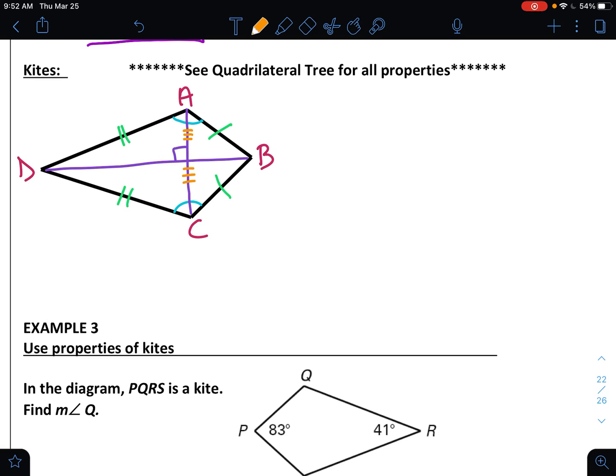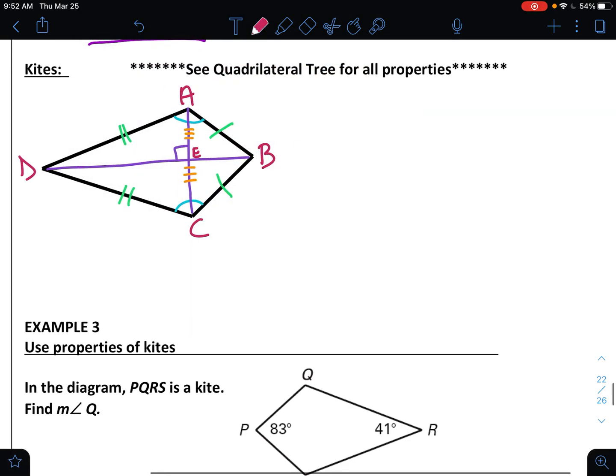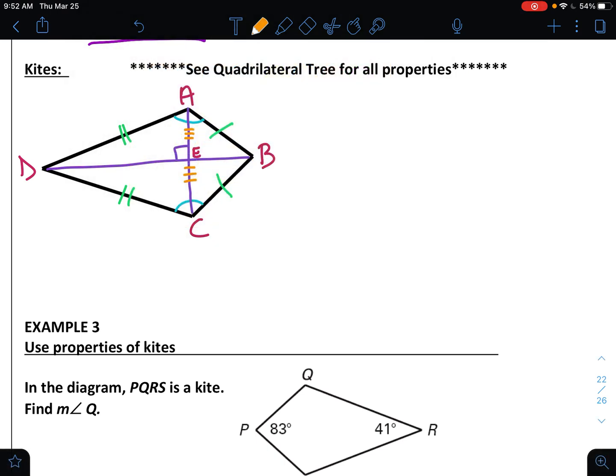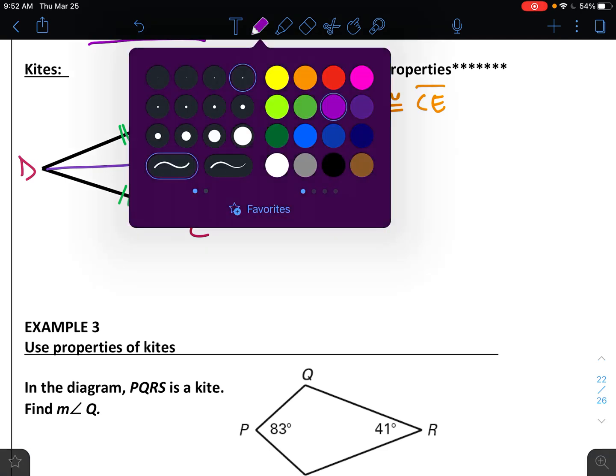And then another property is, actually, I'm going to add another letter here, A, B, C, D. Let's call this E. So I'm going to say that AE is congruent to CE. Okay, so that's going to be an extra property I'm not going to write on the quadrilateral family tree.